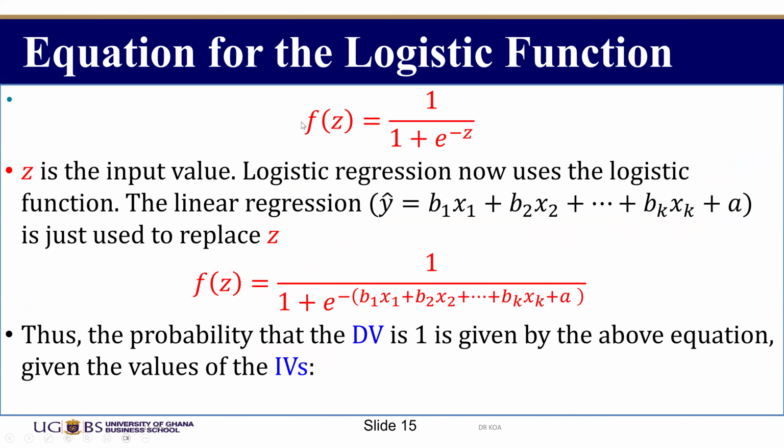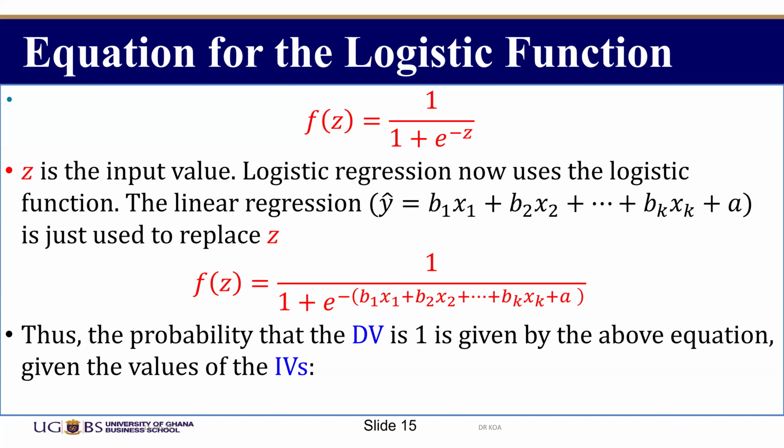Look at it here. It is f(z) equal to 1 over 1 plus e, the natural exponential, raised to the power negative z. The only thing that we got to know here is the z. Everything else here, we know it already. What is the z? The z is the input value that more or less feeds into the function, the z value.